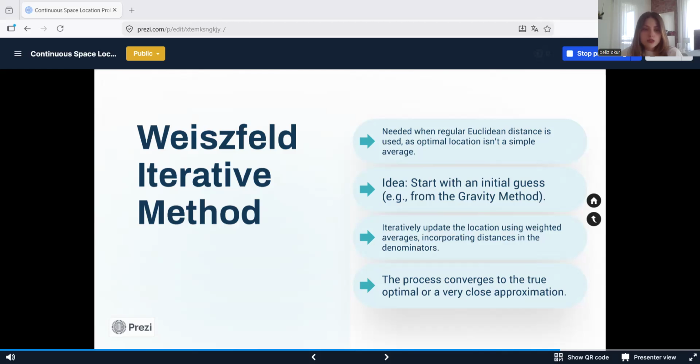The idea is to use the gravity method to give a starting guess. Then we run it through a loop. We update the location step by step using weighted averages, but we put the actual distance into the bottom part of the fraction. With every loop, the point gets closer and closer until it reaches the true perfect spot.